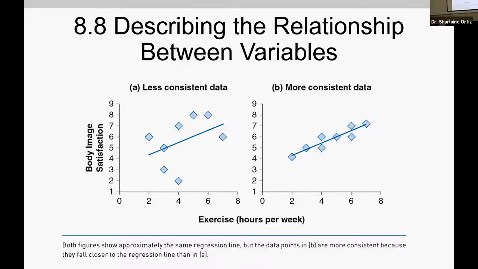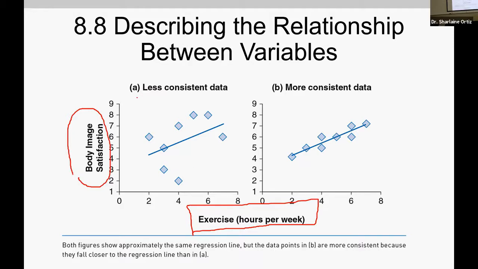If we go back to our slide, what we're trying to do is describe that consistency. Notice that in my first image, we have exercise, for example, how many hours a week, and here we have body image satisfaction.